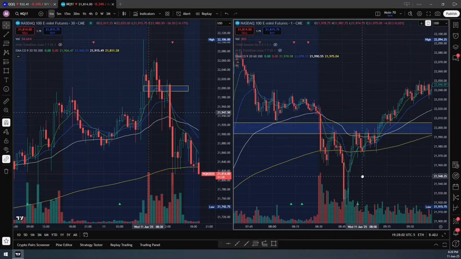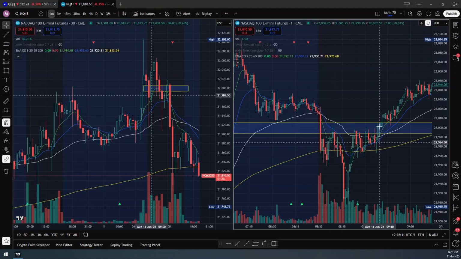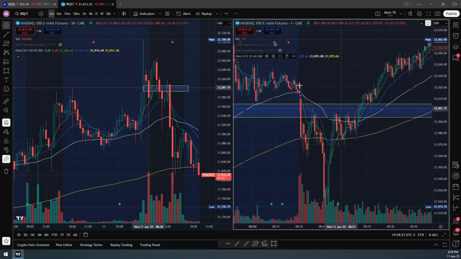The other trade you could take here is when this thing starts breaking above, retests, but doesn't close below the gap anymore. Now you can target the last swing high, which is right here.